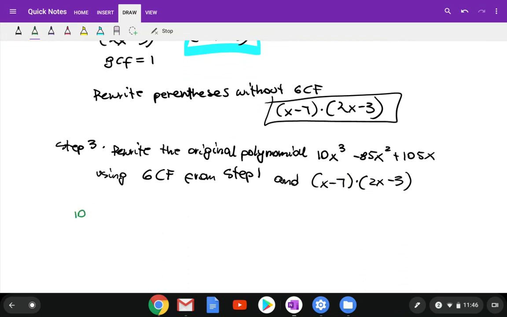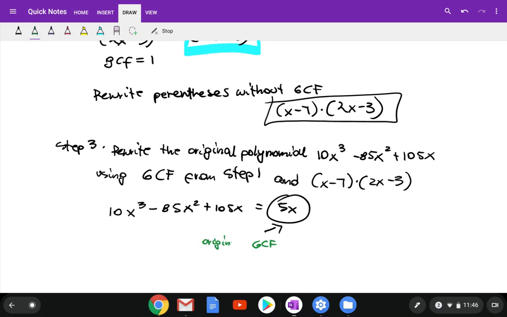So again, 10x cubed minus 85x squared plus 105x is equal to 5x, that was that GCF, the first original GCF, times the factors which we just found: x minus 7 times 2x minus 3.